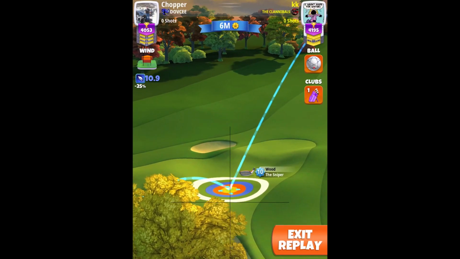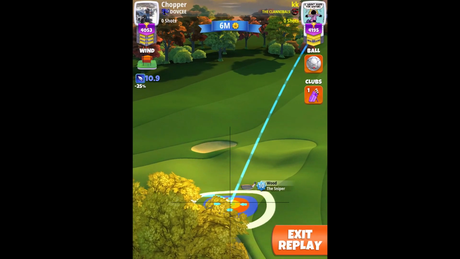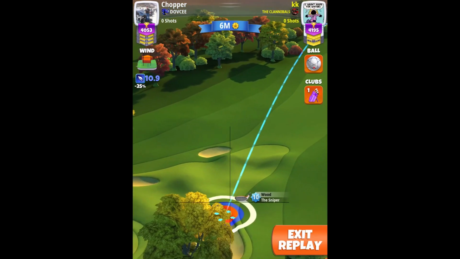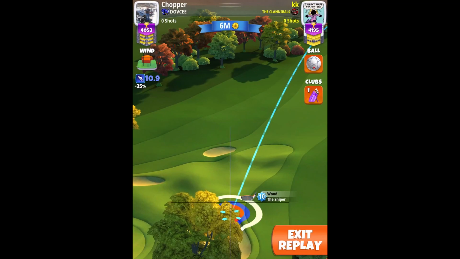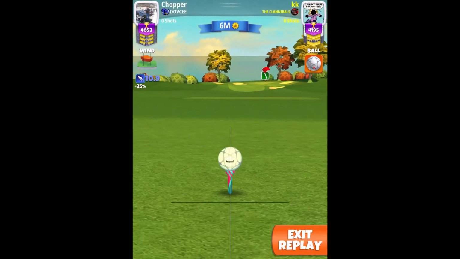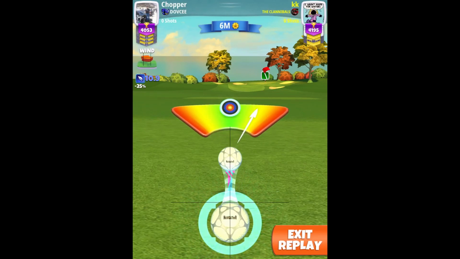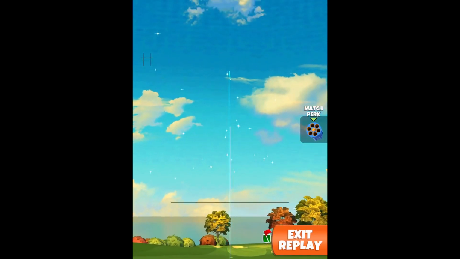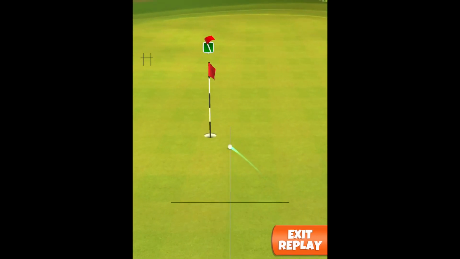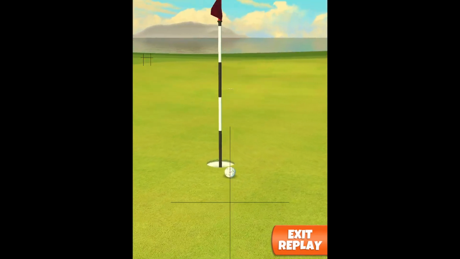I adjusted plus 15% max. Just a little short.